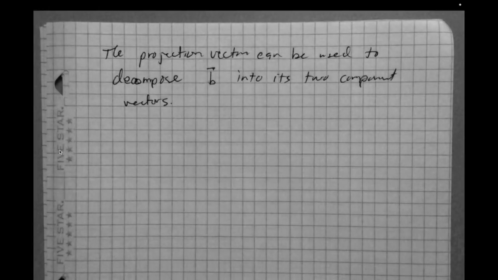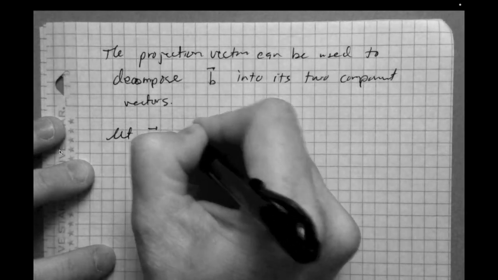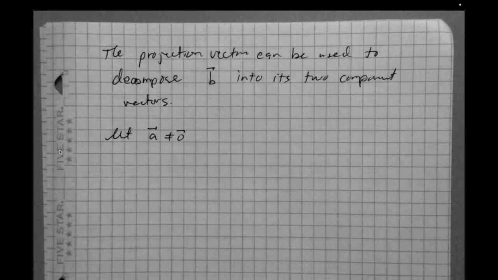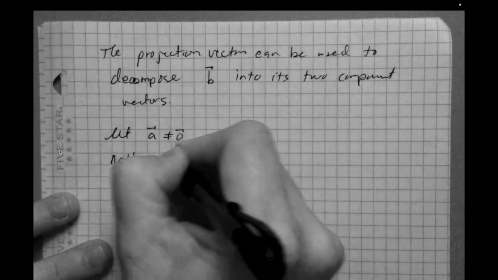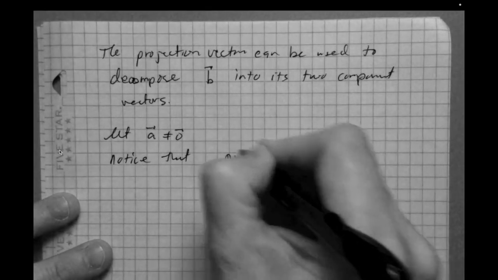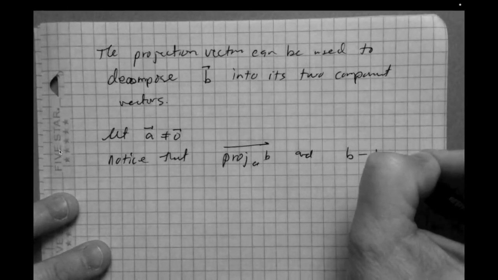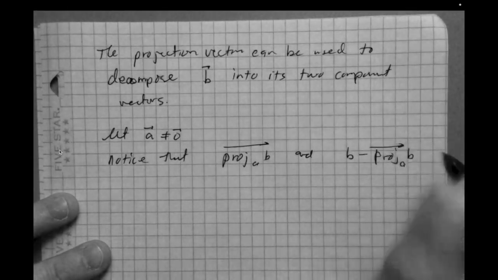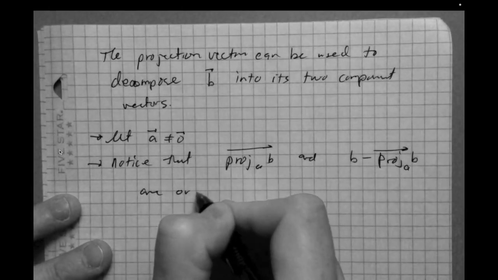Okay, it's two component vectors. So let's talk this through. Let's let A be non-zero. Okay, so notice that the projection of B onto A and B minus the projection of B onto A are orthogonal.